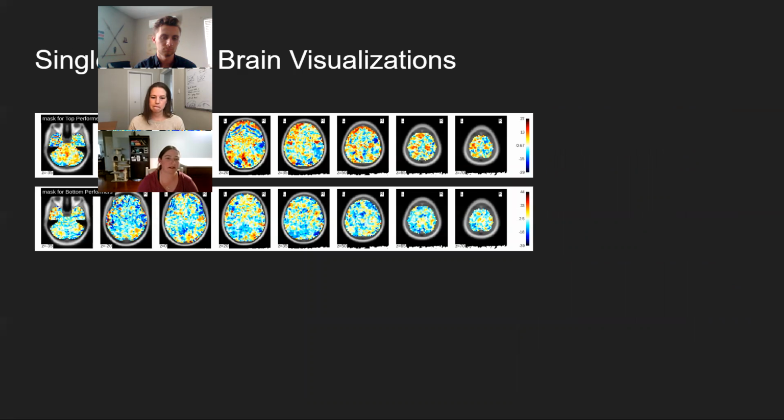So in this one, I really want to look at the voxel distribution to see the differences between high performers and low performers. The top panel is the high performance classifier on an individual subject. And as you can see, there are much more differences in how the clusters are formed.